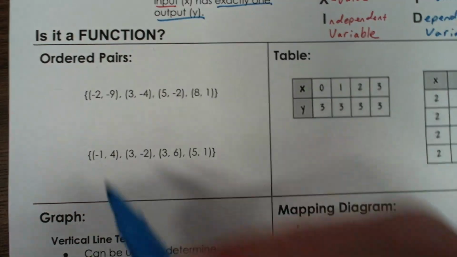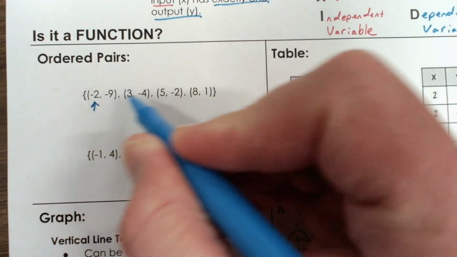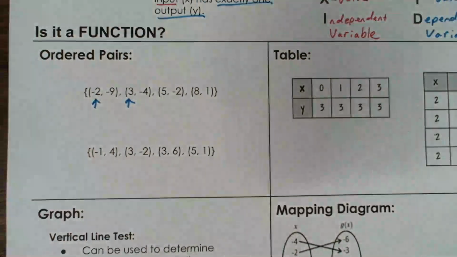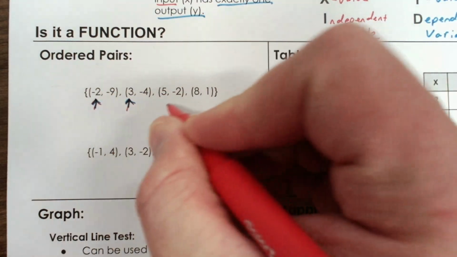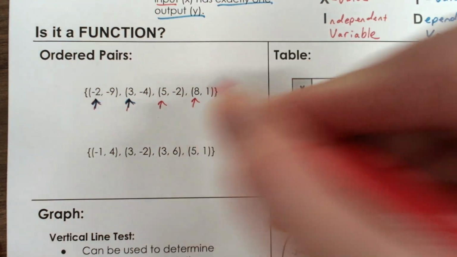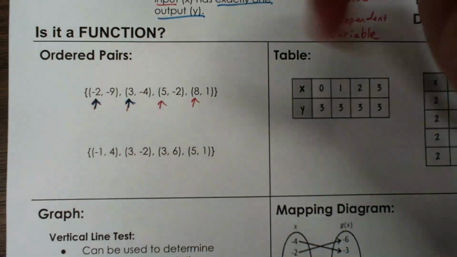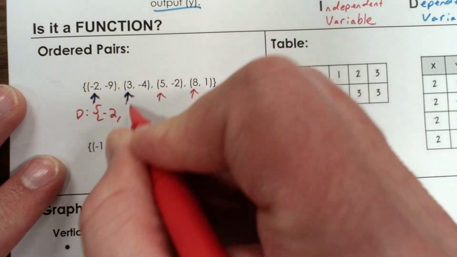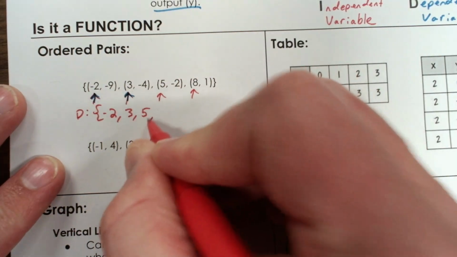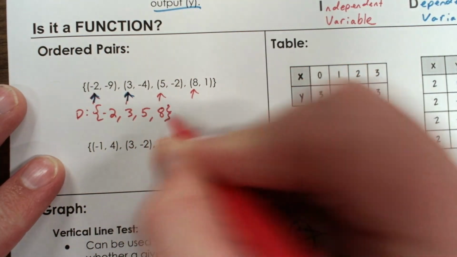So that means all of our x values here, I'm going to use red here. I'm going to try and keep red as x values and blue as y values. You see how our domain here is -2, 3, 5, and 8.